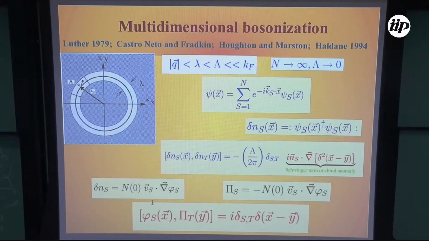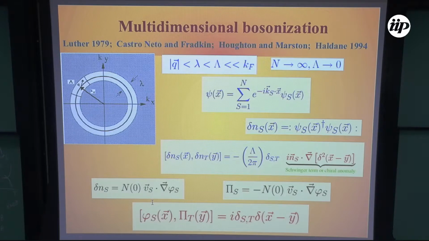And what does it mean? What do we do in order to use this technique? The basic point is that we have a Fermi surface. I'm giving an example with a circular Fermi surface, but we can do it with any form of a continuous Fermi surface.